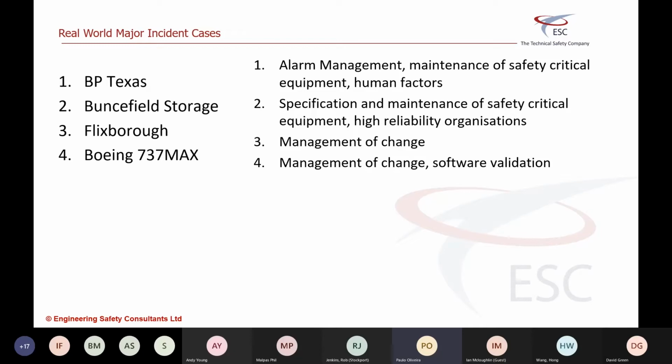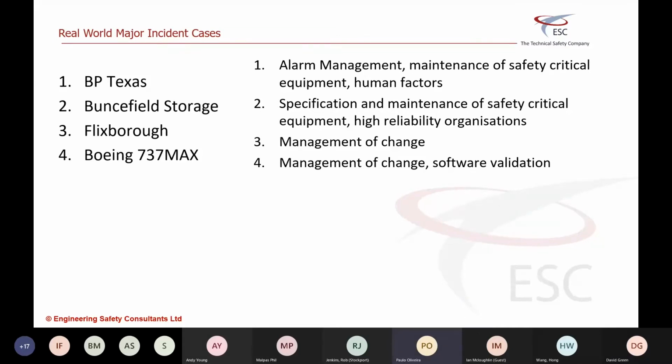Flixborough, heavily management of change, again human factors, competence management, and high reliability organization issues as well. And then the odd one, aviation. The root cause was management of change, software validation issues, and poor specification. Now that they understand a bit better, poor specification of what the function was actually supposed to do.